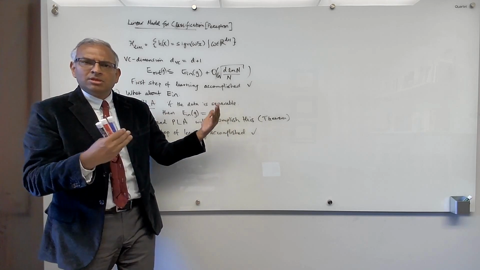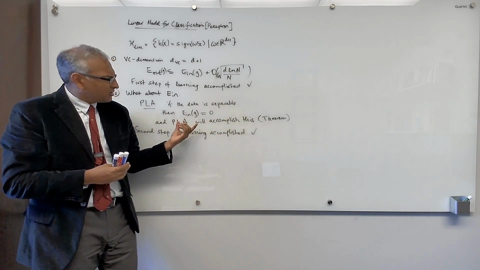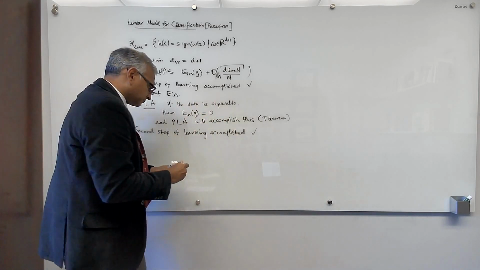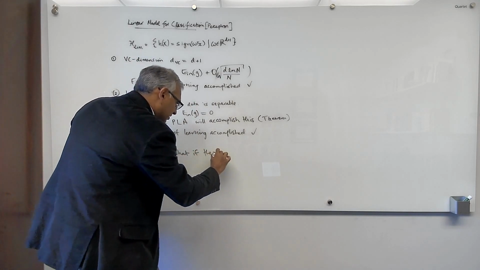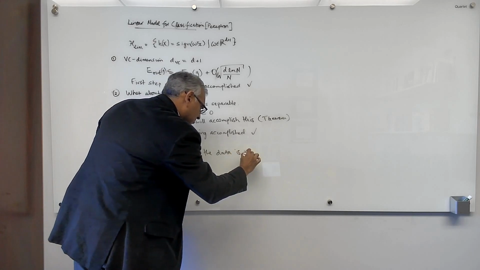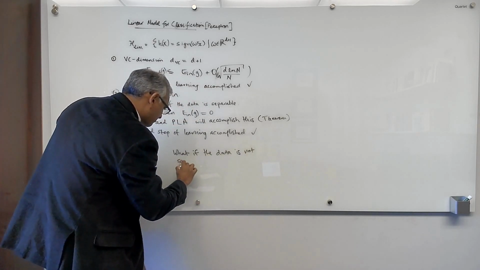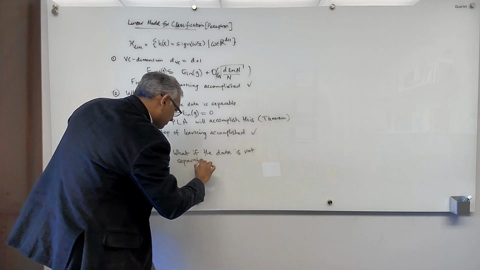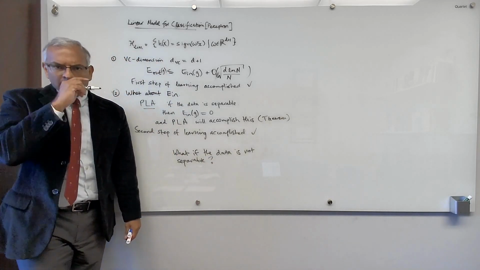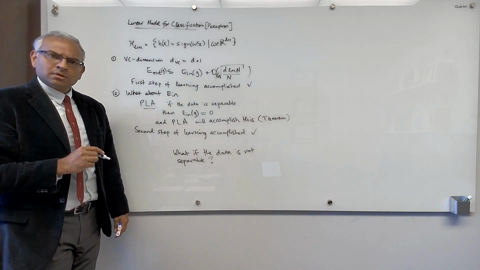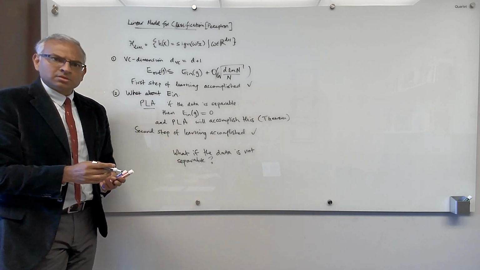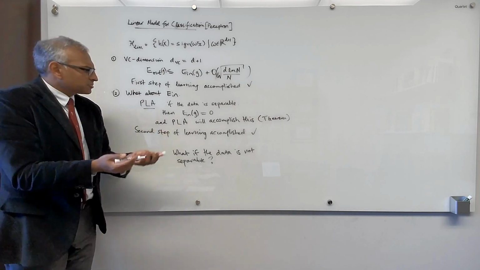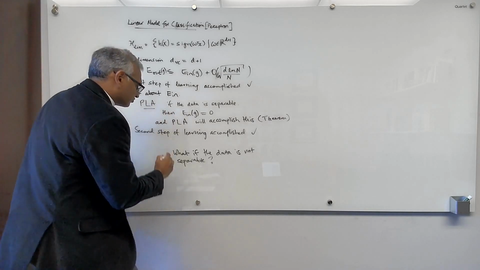So, immediate questions. What if the data is not separable? And for the general case where the data is not separable, how do you ensure that it's possible to get E in of g close to 0?